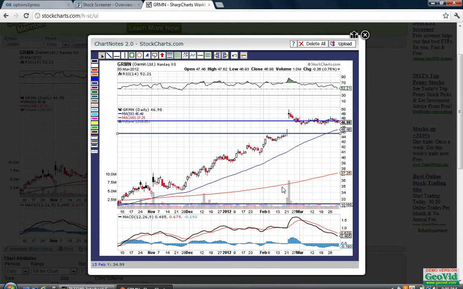The same with the 50-day moving average, which is about $45.48. Those two are below the current market price of $46.98. So from what I see, this stock is overbought. I expect the price to move a little bit lower, and then I'll start making my decision to either buy or sell.